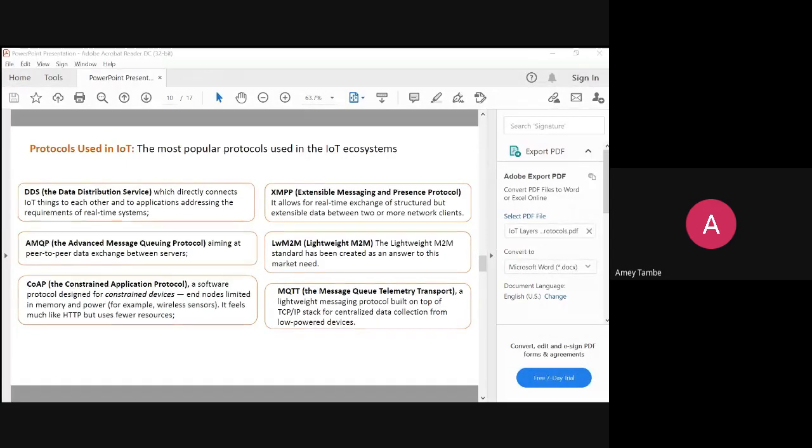MQTT is again working on TCP/IP, so it has reliable communication with QoS 0, that is at most once, which is most reliable and fast. Sorry, this is not the most reliable, I'm sorry, that is the least reliable but fastest publication we can have.